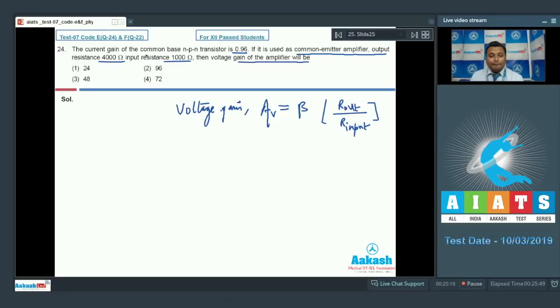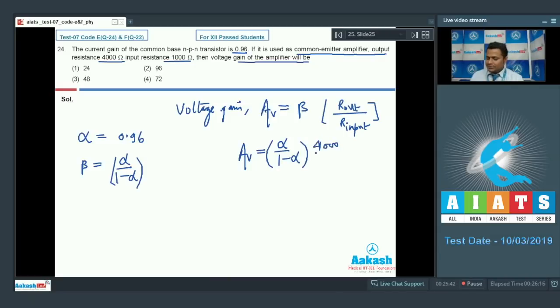Here it is common base configuration. So in common base configuration, current gain is written as alpha, which is given 0.96. We can calculate beta with the help of alpha, that is alpha upon 1 minus alpha. So put the value in the AV expression. AV equals alpha upon 1 minus alpha multiplied by output resistance 4000 upon input resistance 1000.